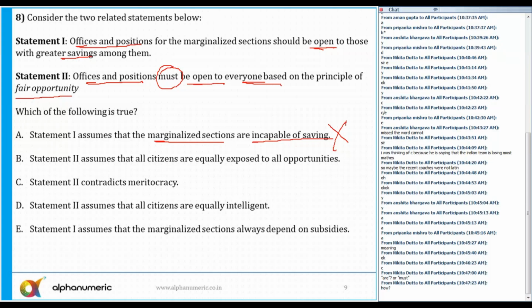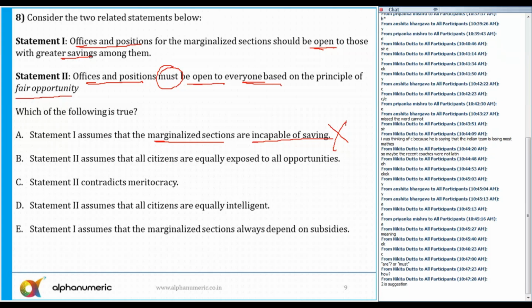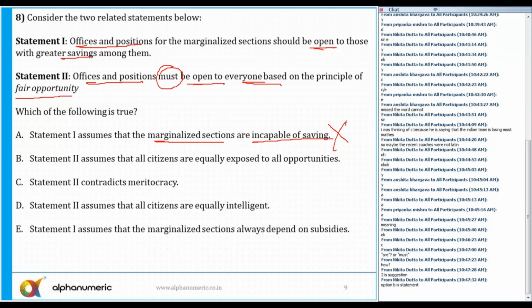Yes or no? Two is a suggestion. No, you are assuming. If you are saying that you should give everybody a fair opportunity, that means we are assuming that everybody has an option to avail of that opportunity. Yes or no?